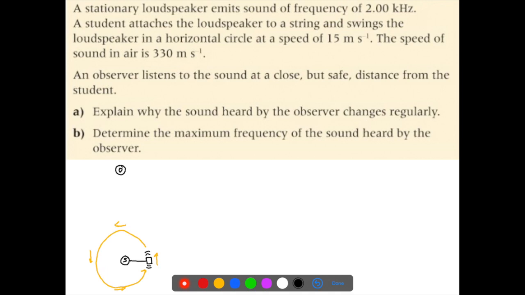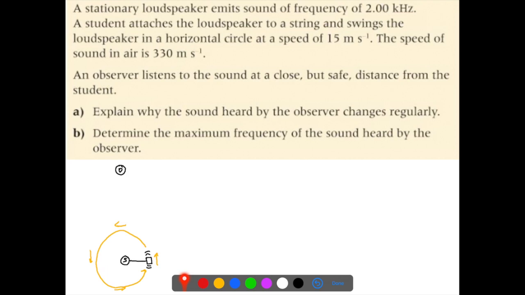The answer being that, as you can see in my drawing, sometimes the velocity of the source is moving towards the observer, which means it's going to hear a higher frequency. And sometimes, because I'm going in circles, the speaker is going to be moving away. And sometimes it's actually moving parallel, which means I'm actually going to hear the frequency I'm supposed to.